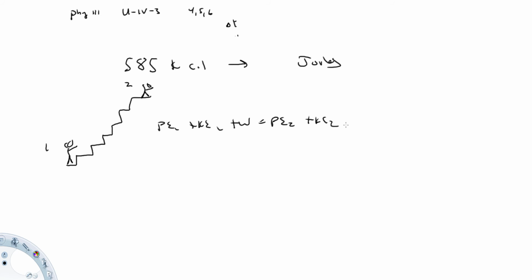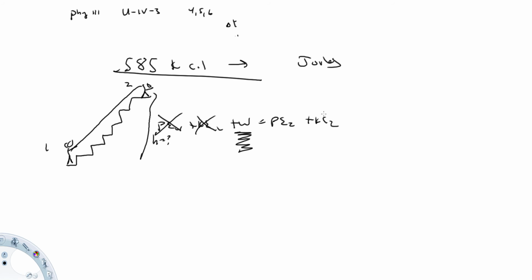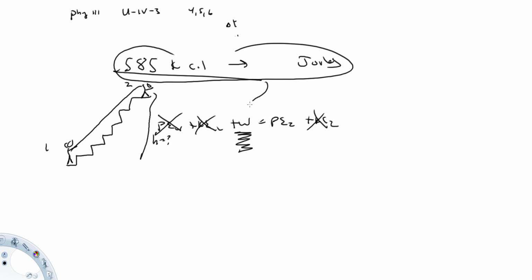Basically, how high does this person need to go so that they do an amount of work equal to this? Datum out your PE1. We assume moving up the stairs at relatively constant speed, so the kinetic energies are the same. Then take this number in joules, use it for your work term, and you're going to have an mgh, and you can solve for h.